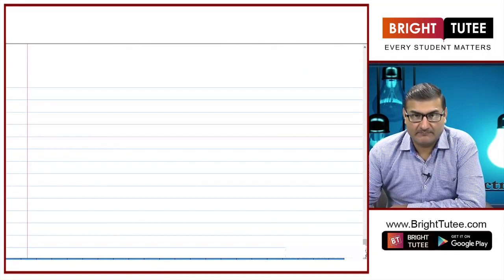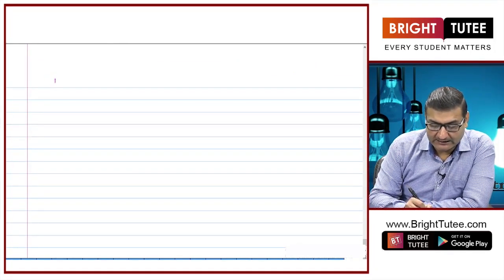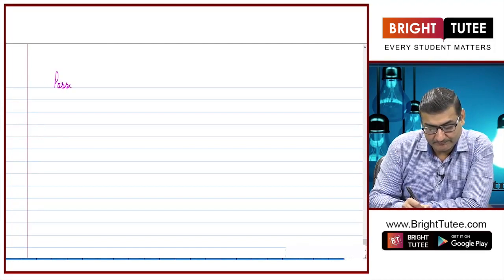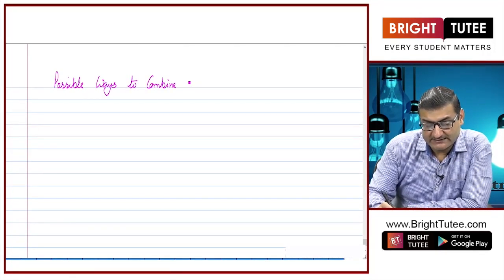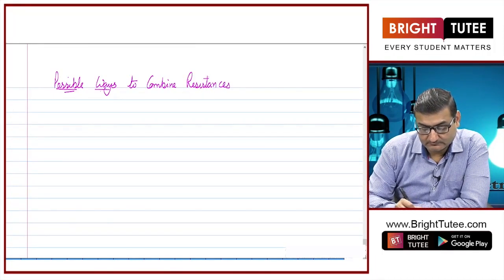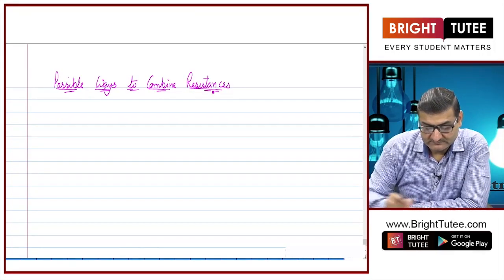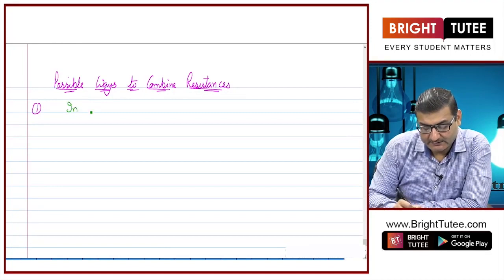Now, students, till now you have seen that we are combining the resistances in either series or in parallel, right. So, let me tell you what are the possible ways to combine resistances. Now, the first way was we can combine them in series combination.